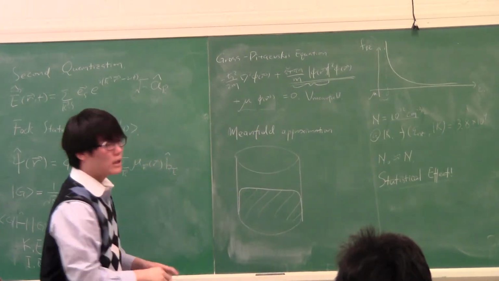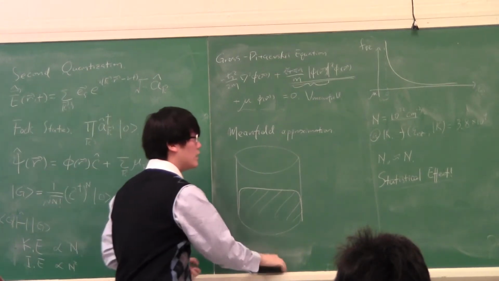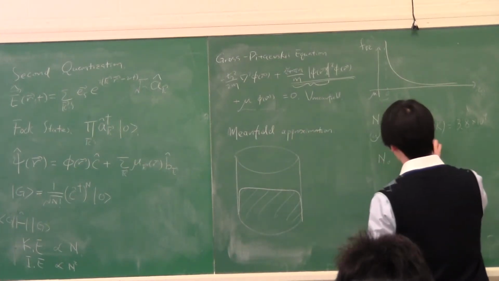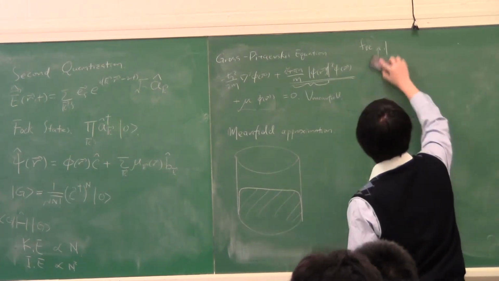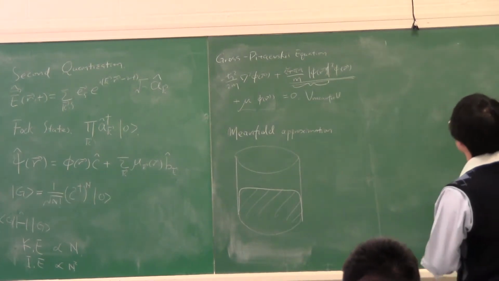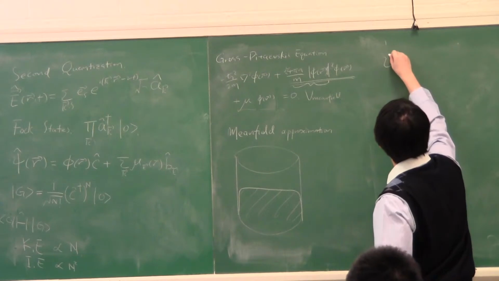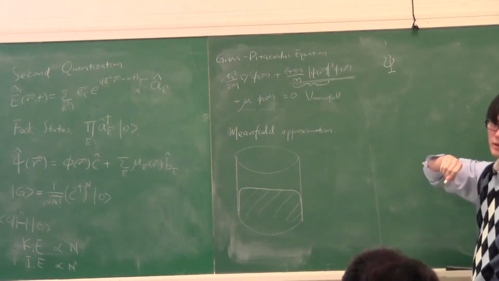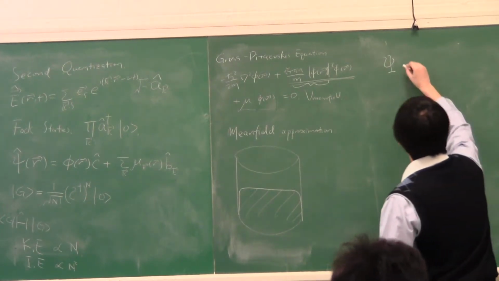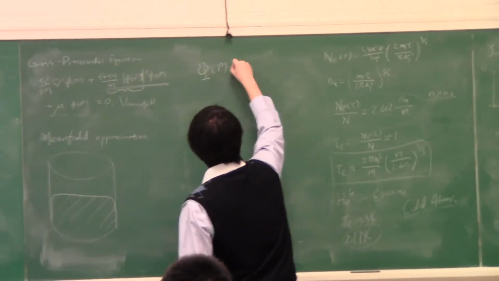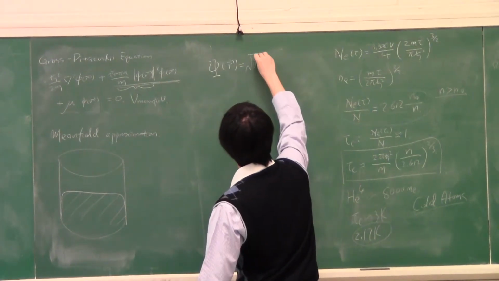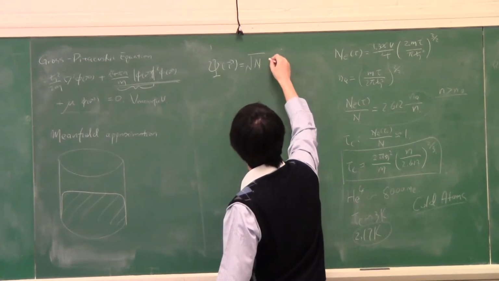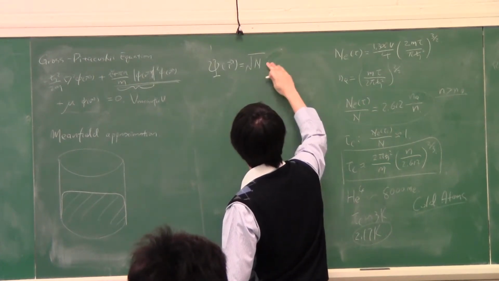Alright, so now I can define an overall wave function because the solution tends to almost a constant. I can define an overall wave function, which I will call big psi, equal to the square root of N times small phi.